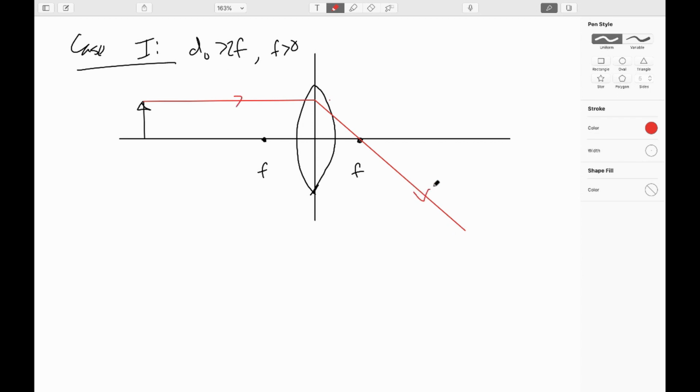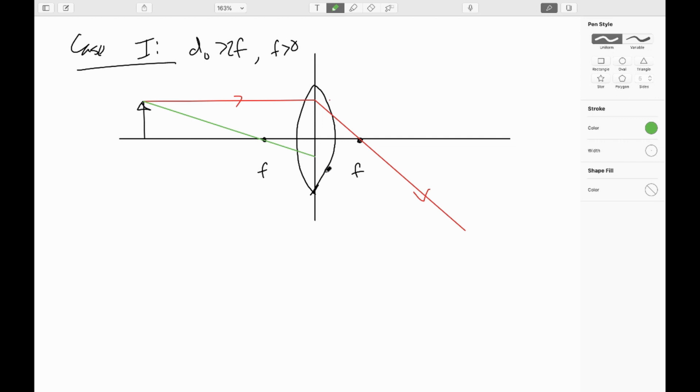Now again, if we were to imagine some ray that was coming in parallel like this and refracted through the focal point here and just grazed the top, if I time reverse it, it's got to work the other way around. So once again, the focal ray is the ray that is aimed at the near focal point.